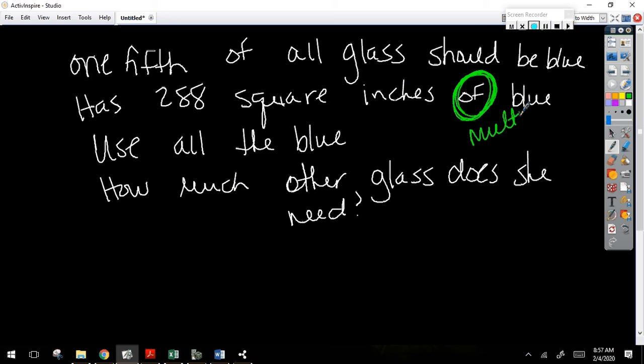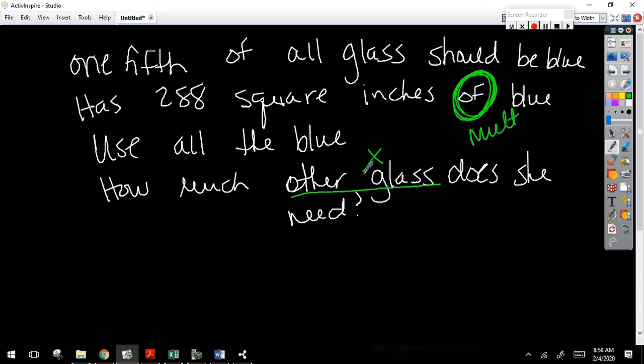All right, so 1/5 of all the glass should be blue. What is it that I don't know? What's my unknown? The other glass, right? So I'm going to let that be x. That's what I don't know. So 1/5 of what I don't know.